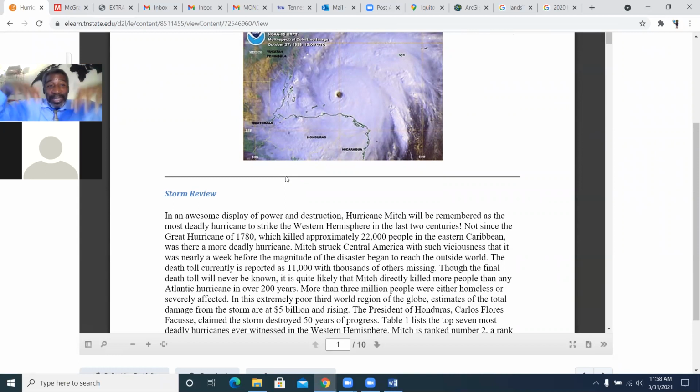And so once a mudslide happens there, people are just buried under debris, and maybe they were never found. So there were at least 11,000 people killed by Hurricane Mitch. If you remember, the death toll for Hurricane Katrina was around 1,500, and that's not just in New Orleans, that's throughout the Gulf Coast region. That was about 1,500 people as compared to 11,000 from Hurricane Mitch.